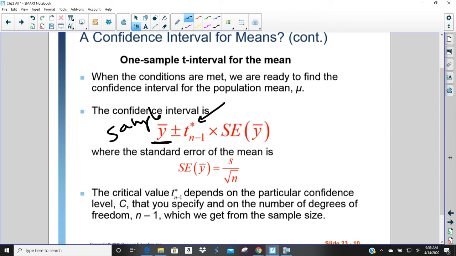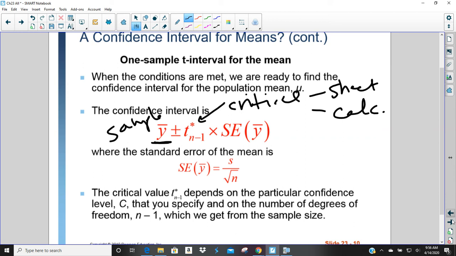This is going to be the critical value we're going to find from either the formula sheet, not the formula sheet, the table sheet, I guess I'd call it, or from the calculator, right? Times the standard error. And again, we know the standard error. The critical value, t star n minus 1, depends on the particular confidence level, C, that you specify, and the degrees of freedom in the sample size.